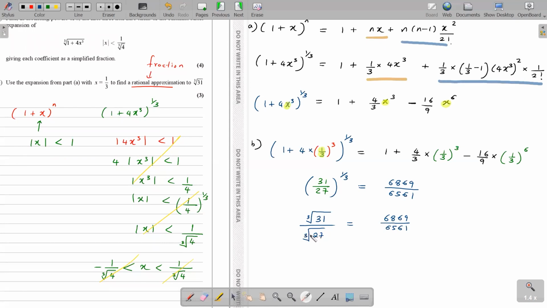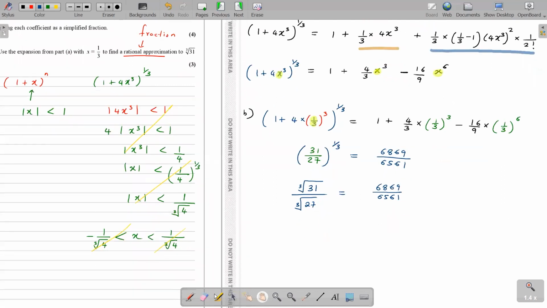So basically this is the cube root of 31 over 3 equals 6869 over 6561. Now take the 3 to the other side and multiply.